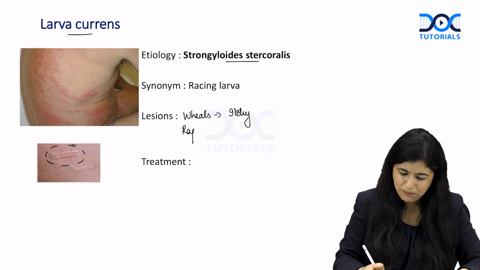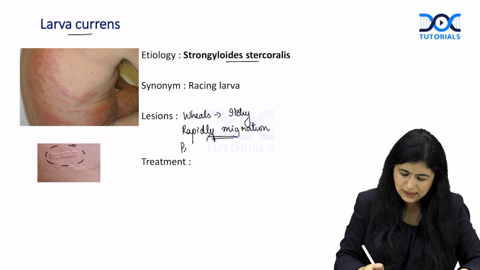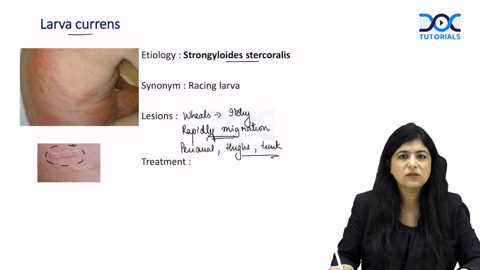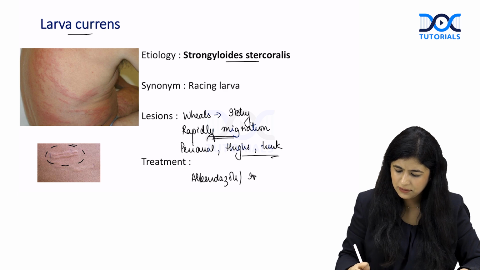They are rapidly migrating, which is due to the intradermal movement of Strongyloides, and the classic sites are perianal, thighs, and the trunk. So these are the classic sites for larva currens. Treatment is with albendazole or ivermectin.